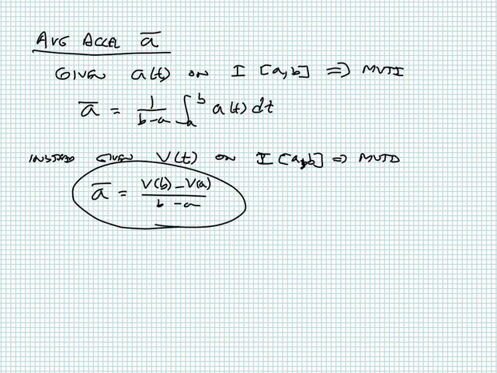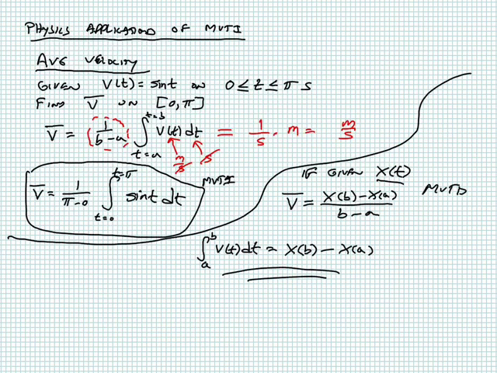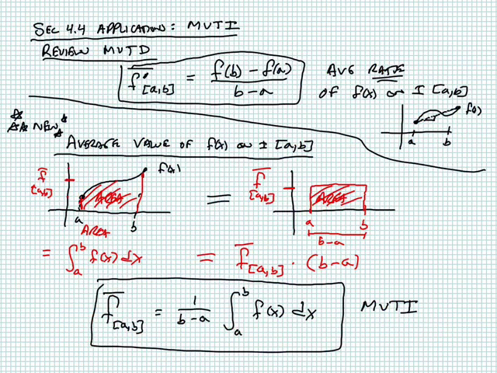So again, just be careful on which one you're given and what you're given. But this is how you find the mean value of a function, or the average value of a function. And going back to the first page, this is the go-to equation for finding the average value of a function. So make sure you memorize that.